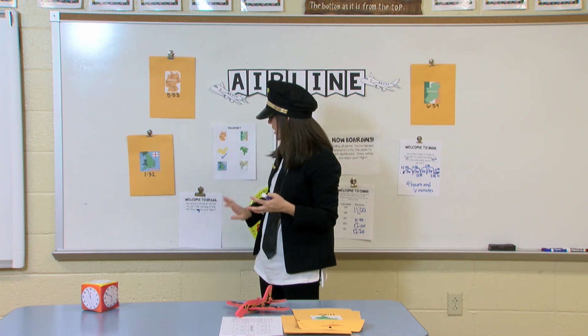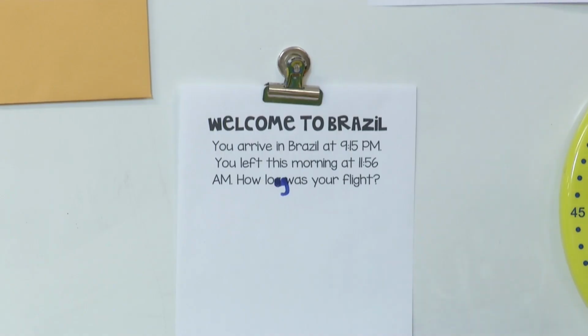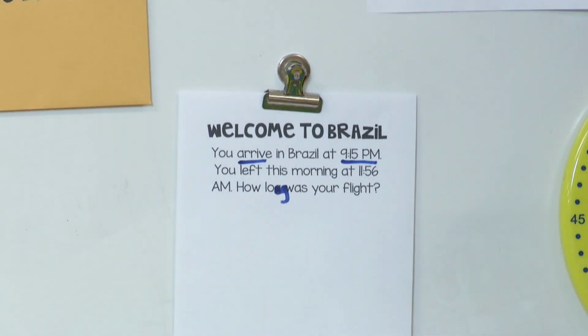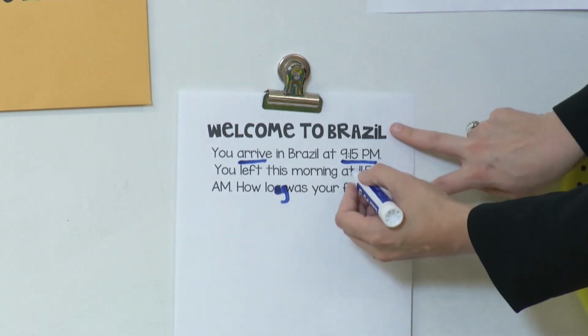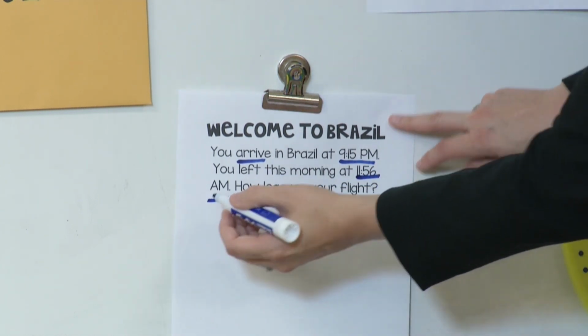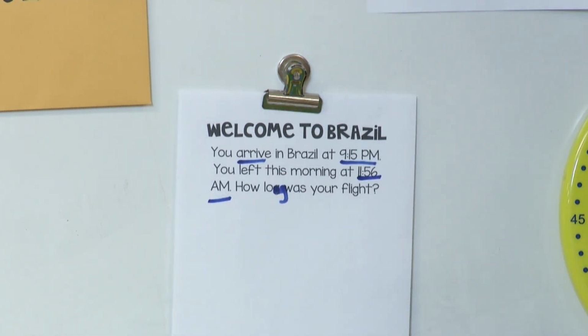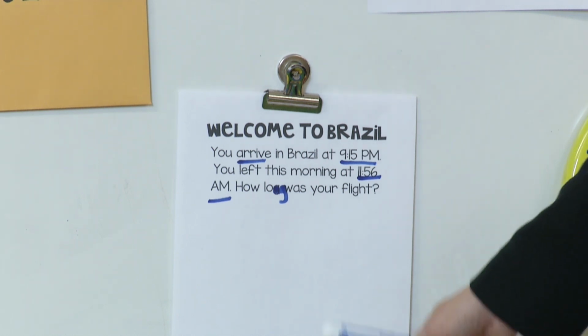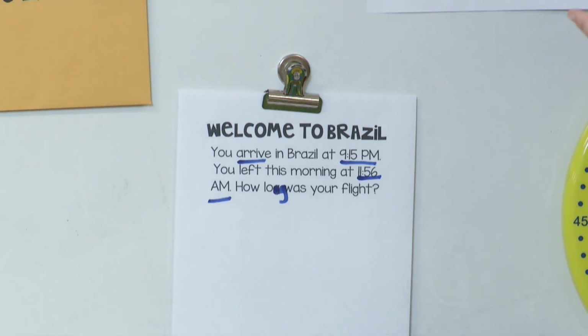Okay, so again, we have a word problem. So thinking about what we know, we arrive in Brazil at 9:15 p.m., okay? We left at 11:56 a.m., okay? Well, if you think about it, 11:56 a.m. is really close to p.m., isn't it? Because at 12 o'clock in the middle of the day, noon, it's going to be p.m. anyways.